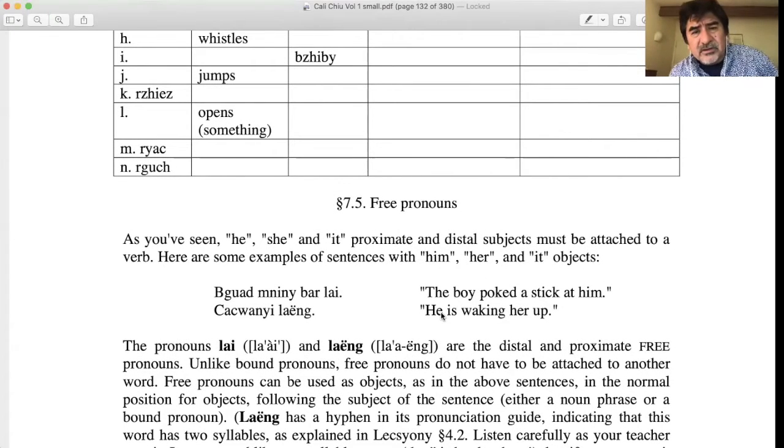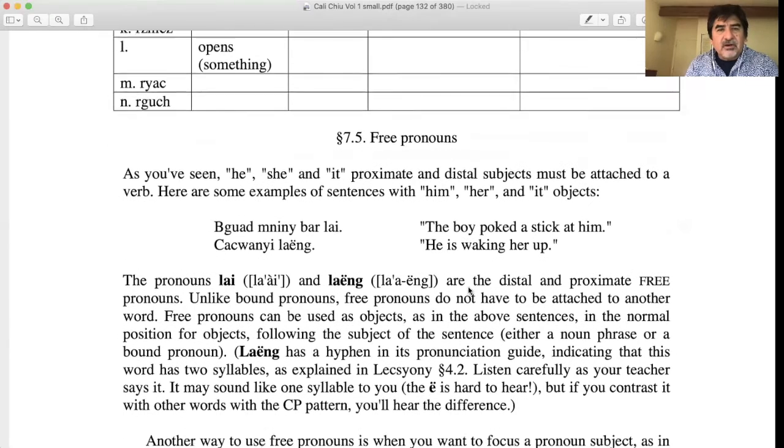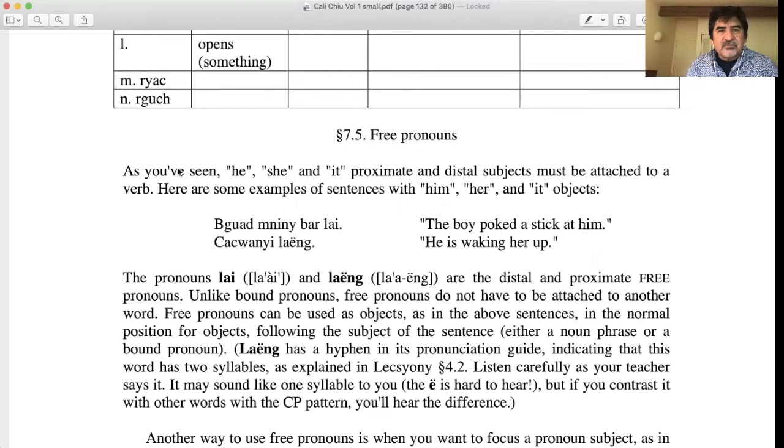And now after we talk about the bound pronouns, we're going to be talking about free pronouns. Okay, so for the bound pronoun, we said that it needs to be attached to a verb. Now these free pronouns also mean he, she, it, proximate and distal, the ones that we talked about.